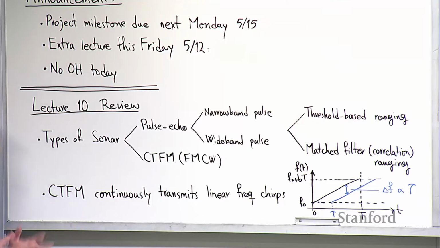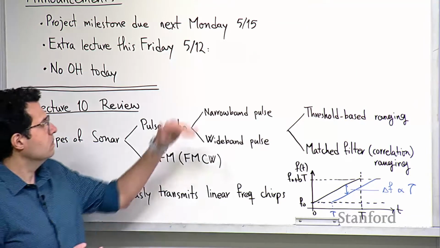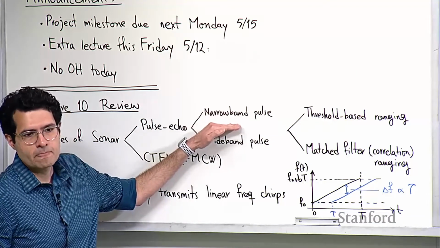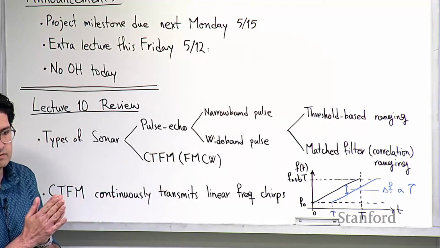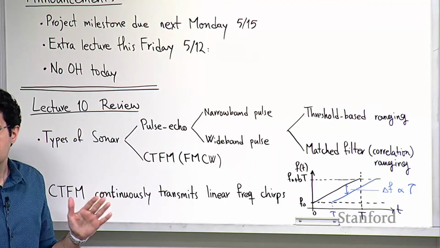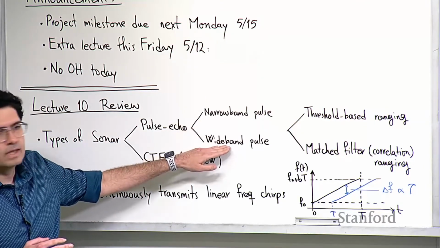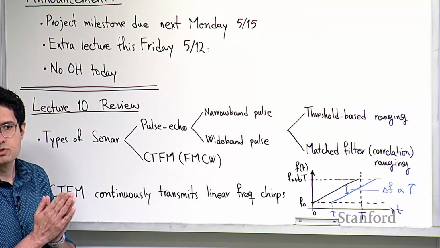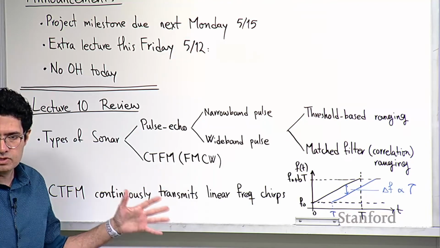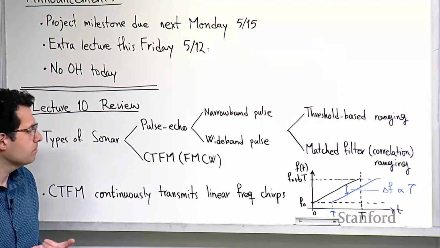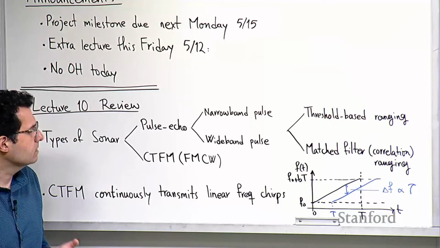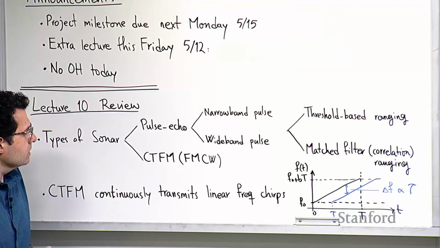We looked at a few, but the big divide here is that they're either narrowband pulses, basically a pure sinusoid with some amplitude envelope applied to them, or wideband pulses, which are typically much shorter and take up more spectral bandwidth in the frequency domain.